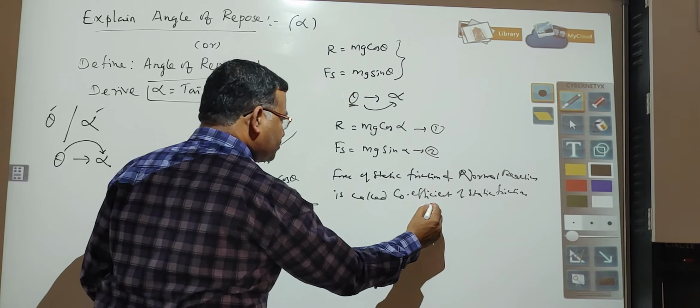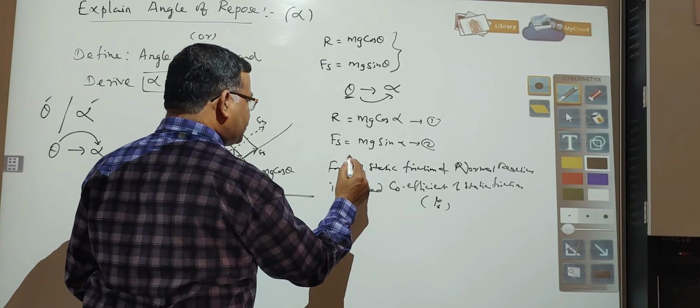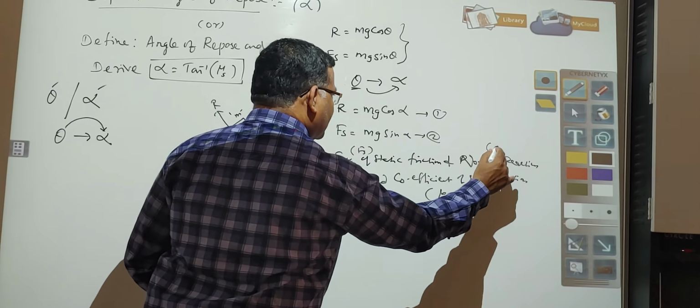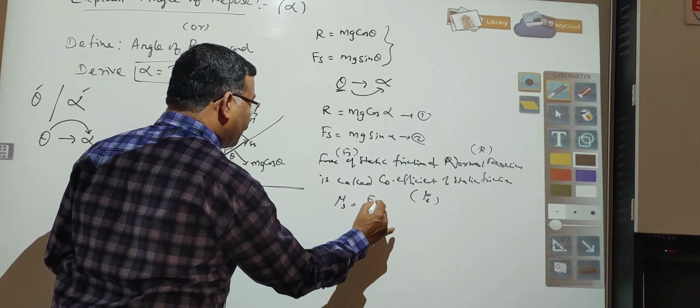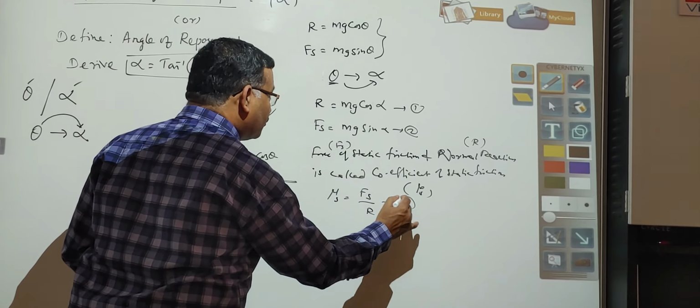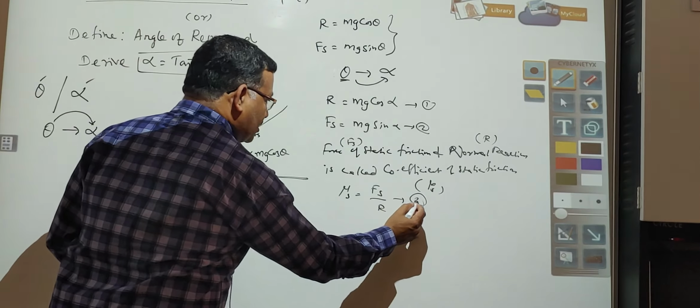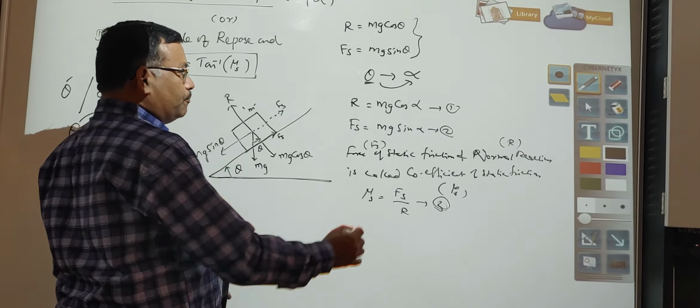That means coefficient of static friction is mu s, force of static friction is Fs, normal reaction is R. So mu s is equal to Fs by R. This is equation number 3.